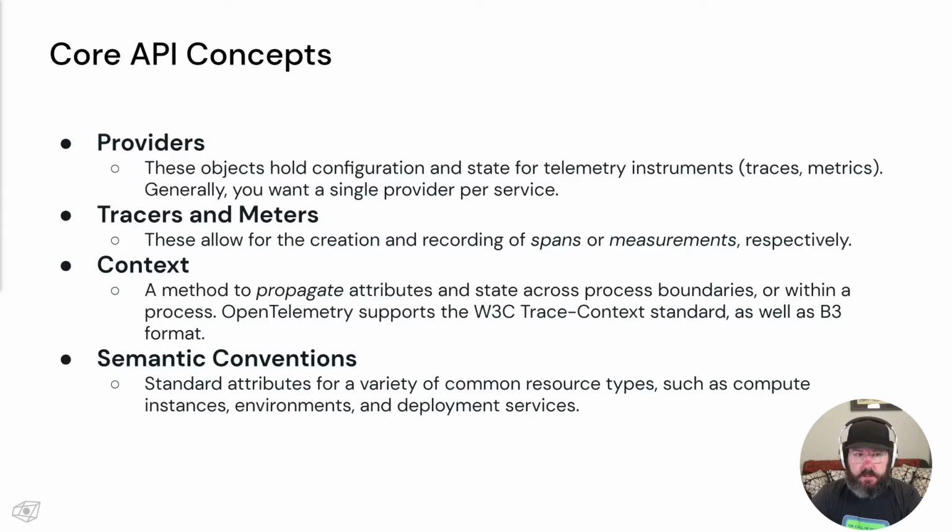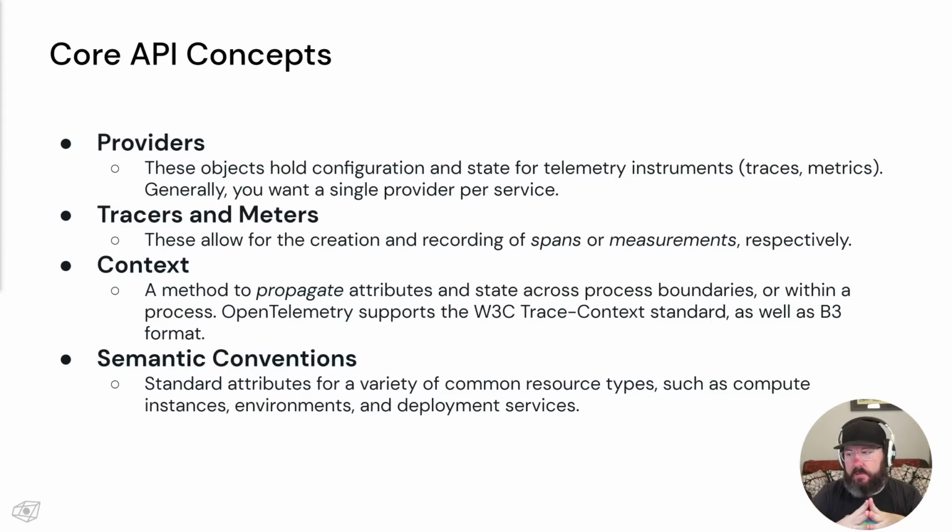Context is another very overloaded term. When we say context, we kind of mean two different things. There's the context inside of a process, and there's the context between processes.